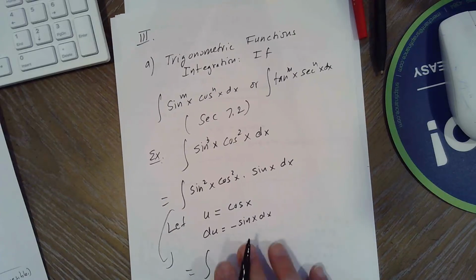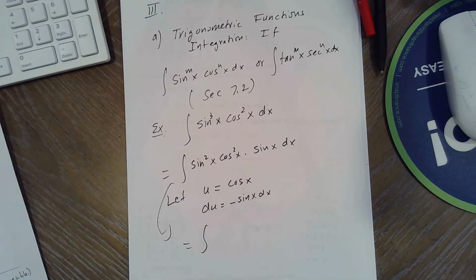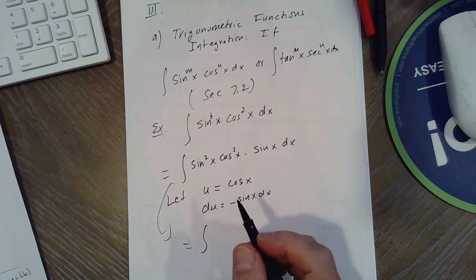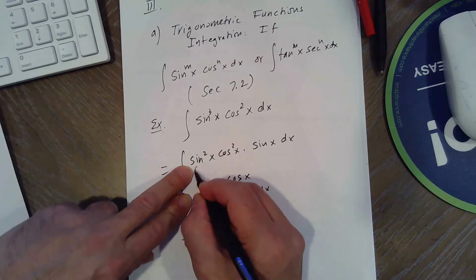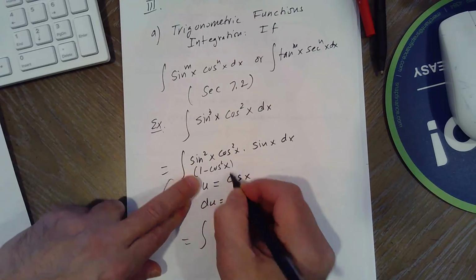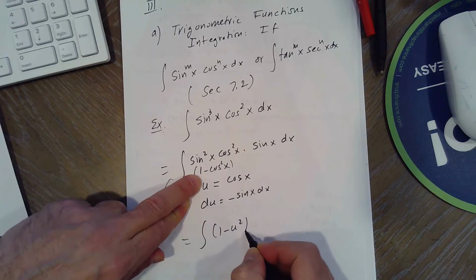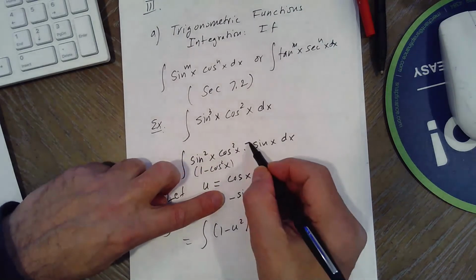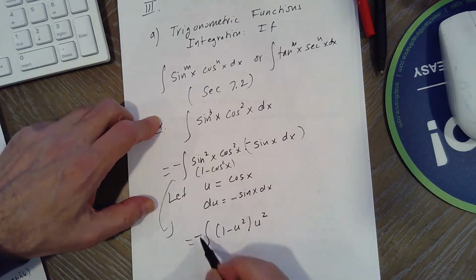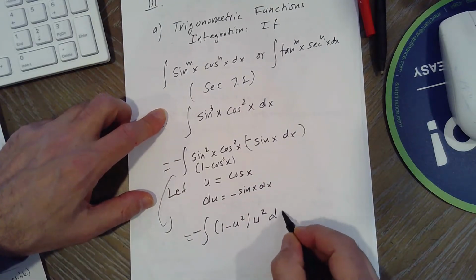So we get integral of sine squared, which is 1 minus cosine squared, so it's 1 minus u squared, and then cosine squared is u squared, and then sine x dx, so we need a negative, so we need another negative here, so that's du.